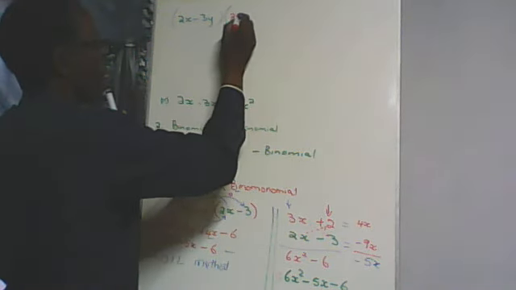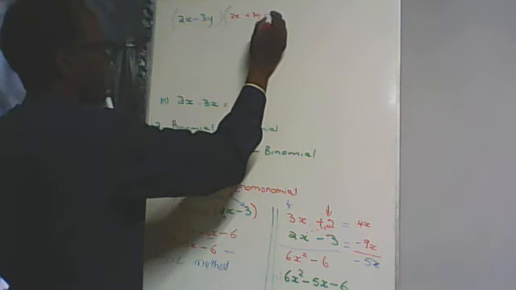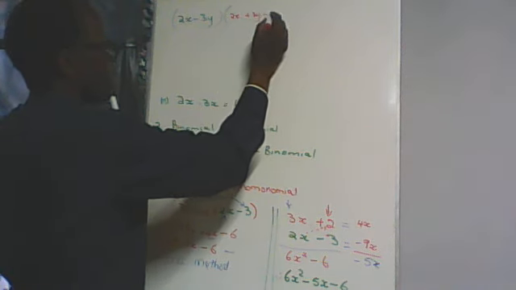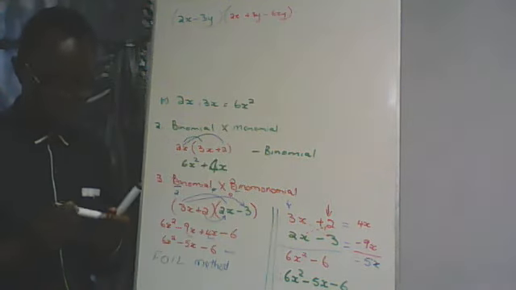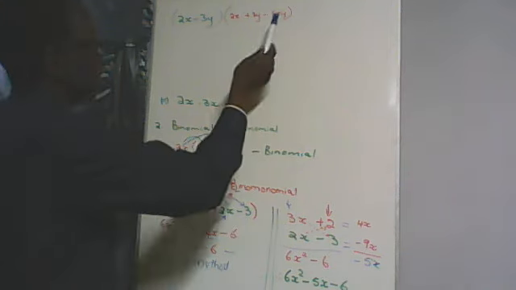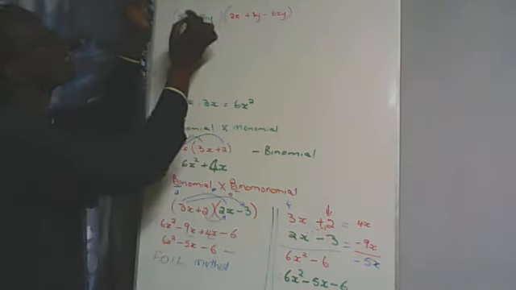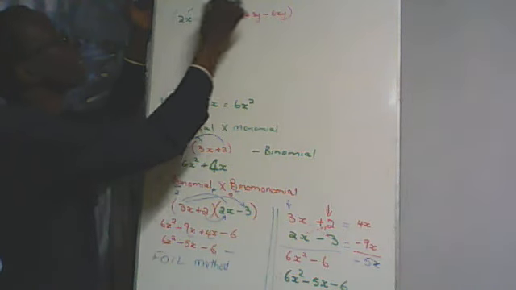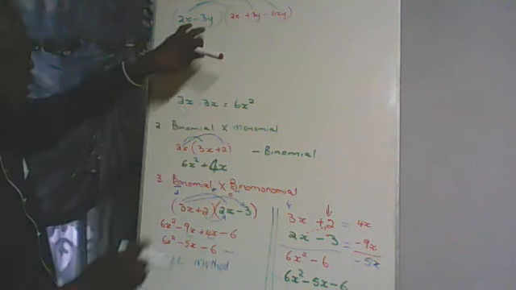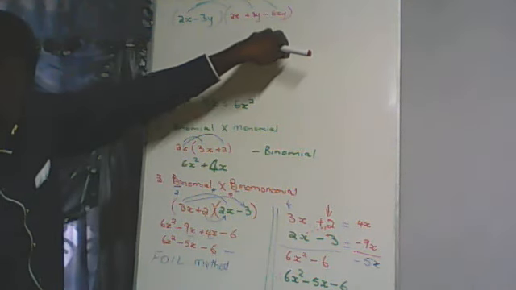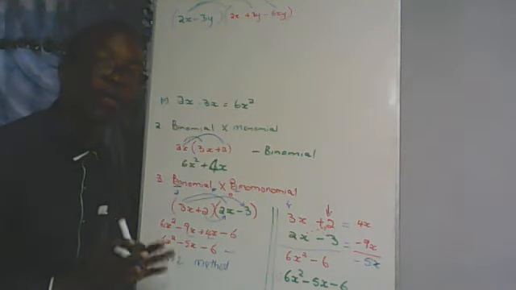Say you have 2x plus 3y minus 6xy. Normally they put this here, but it doesn't matter. The first thing you need to do is multiply this by that. Each and every term inside the brackets has to affect those inside the next bracket.